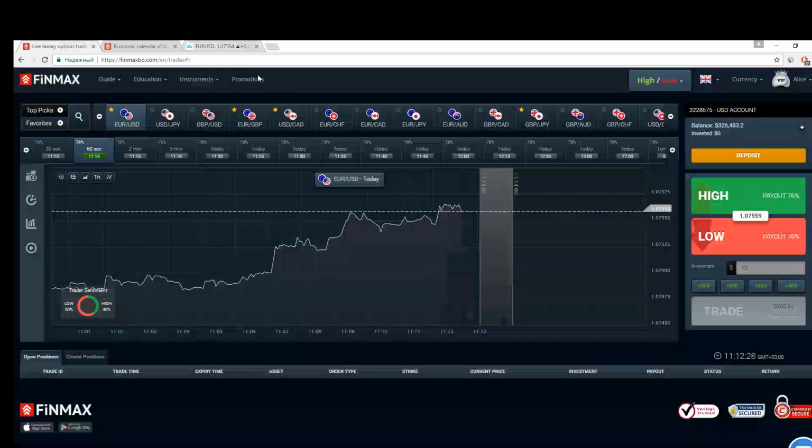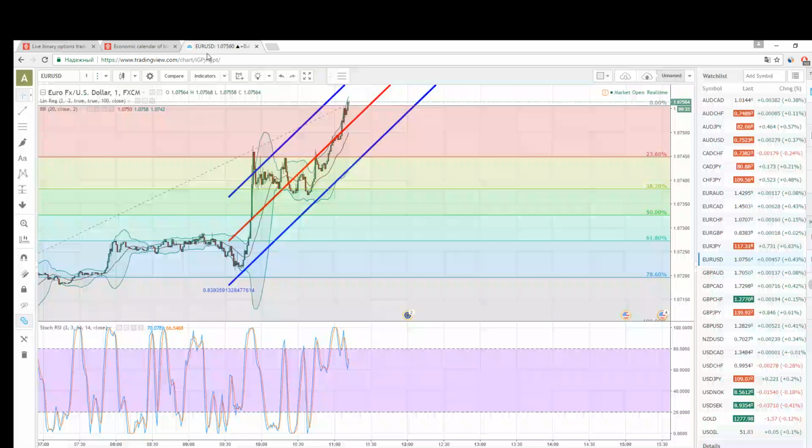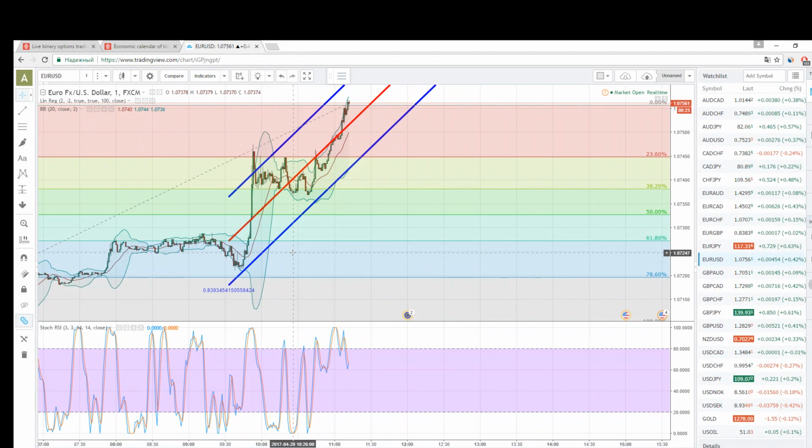So let's open the first trade on the most standard asset, which is Euro American dollar. I will enter for low for 1 minute, and as always I will write down this trade in order to know what I have opened and to control all the current trades, to control the results of the trading.